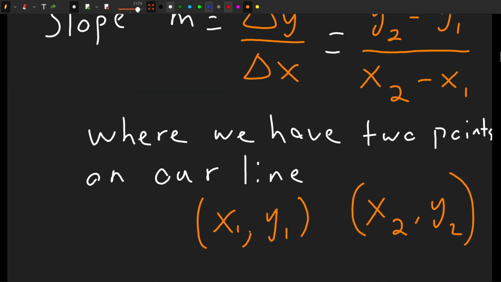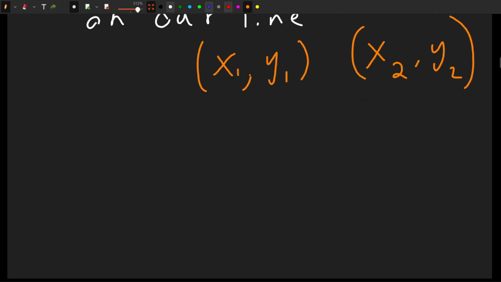Now we have one last main equation that we're going to work with, which is known as point-slope form. Point-slope form is basically the equation of a line where it just passes through one point.